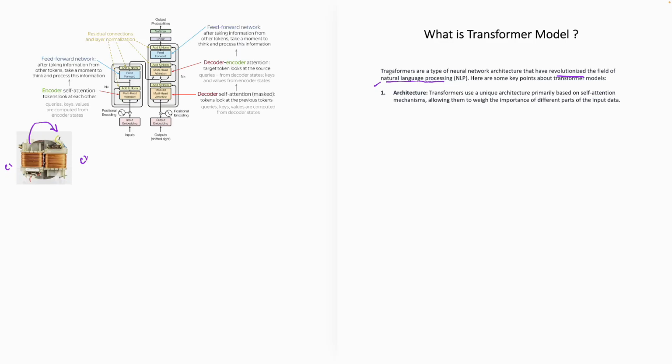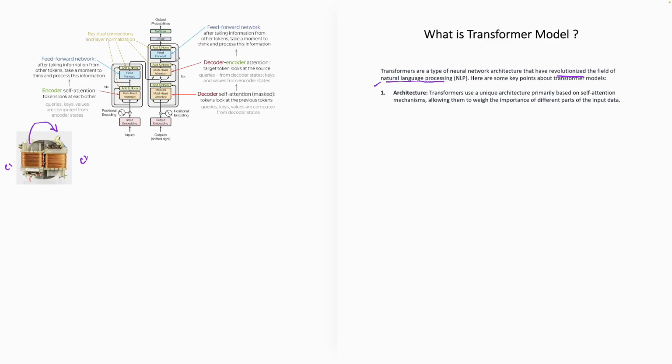Some key points that we need to be aware of are, now you can easily correlate. Once I have shown you this diagram, this is the architecture diagram of a transformer. You can easily make out that there is this layer.